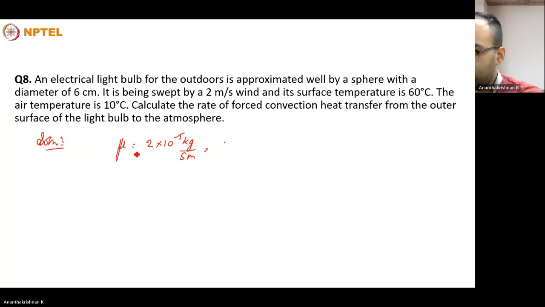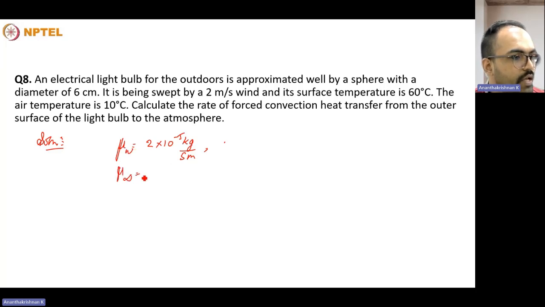So in this case, mu nearby the wall can be of this one, and far away at 10 degrees Celsius, it will be 1.76 into 10 power minus 5 kilogram per second meter.